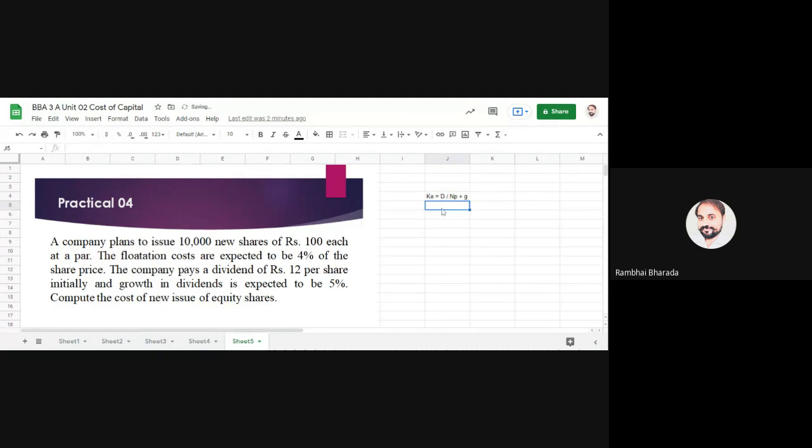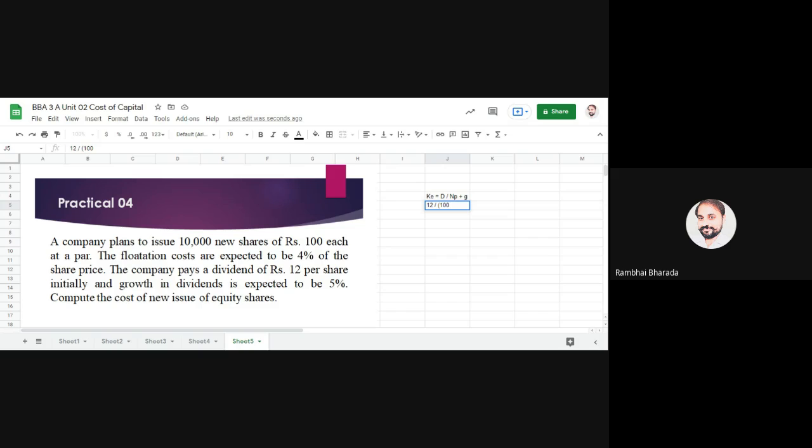So here D, how many rupees? 12. See here, dividend. Come forward, if you cannot see from there. 12 rupees. Okay. Now NP. NP means net proceeds, and for that we have one formula: issue price, sorry, face value 100 plus premium.